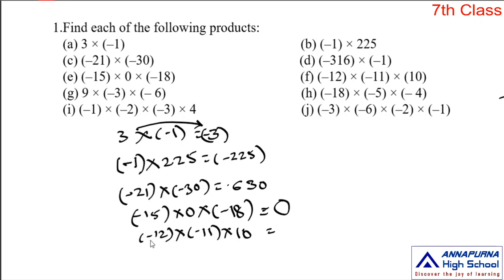So multiply these two: 12 elevens. 11 twos are 22, 11 ones are 11, plus 2, 13. So 132. The product of two negative integers is positive, plus 132 into 10, which is equal to 1320.